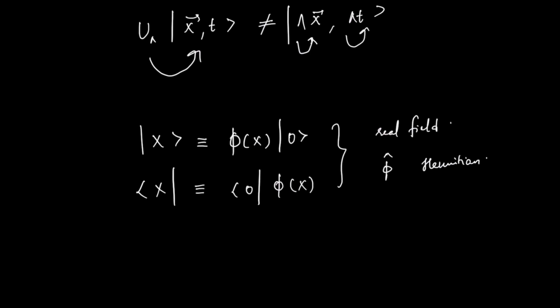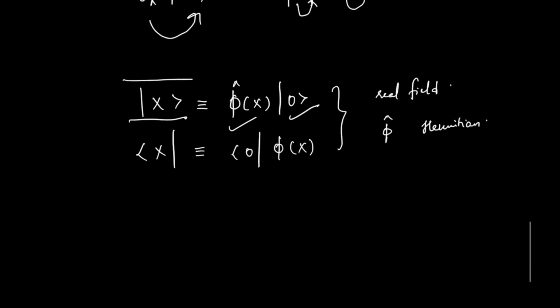Since the vacuum is Lorentz invariant and the operator phi will transform smoothly under Lorentz transformation, the object |x> will transform nicely under Lorentz transformation. Therefore, I am defining |x> such that the operator phi acts on the vacuum.